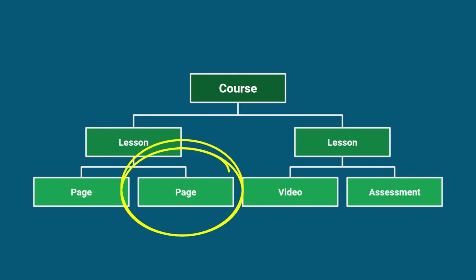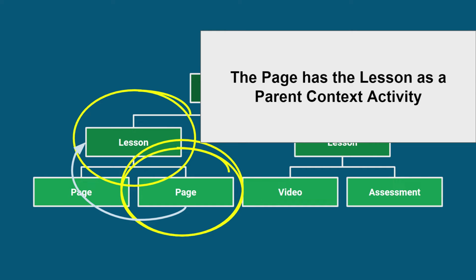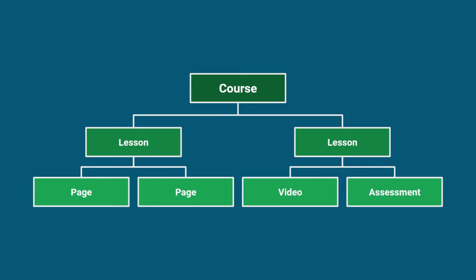So maybe I viewed the page, for example. A statement about the page could be something like Jane Doe viewed the page. In this case, our page has the lesson as a parent context activity. So that's just one part of this chain.